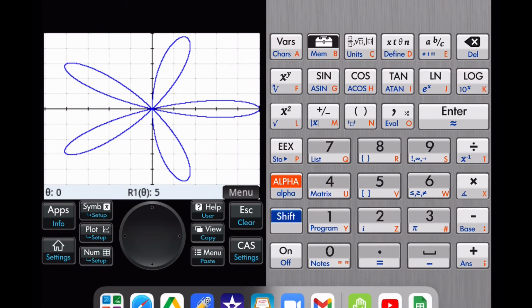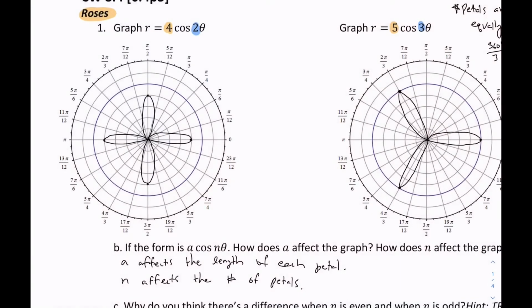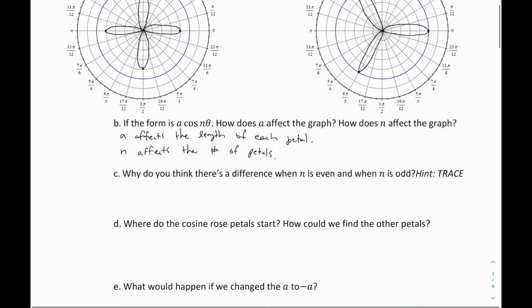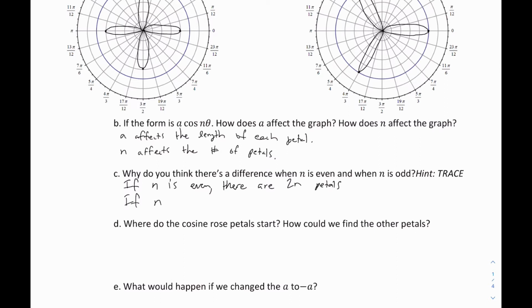So let's make an assertion here. If N is even, there are 2N petals. If N is odd, there are N petals.